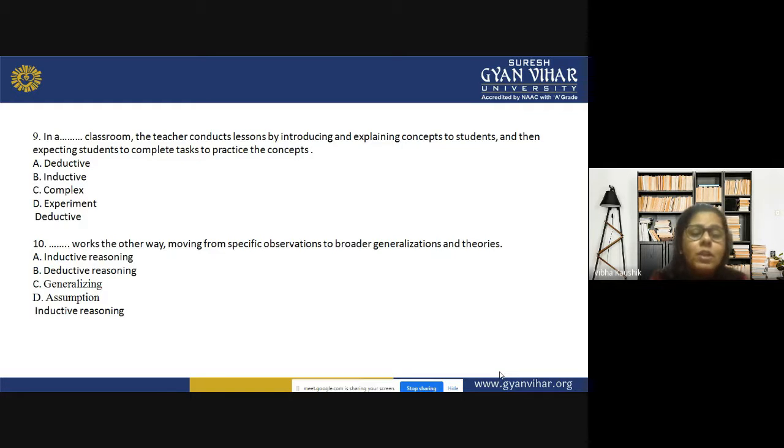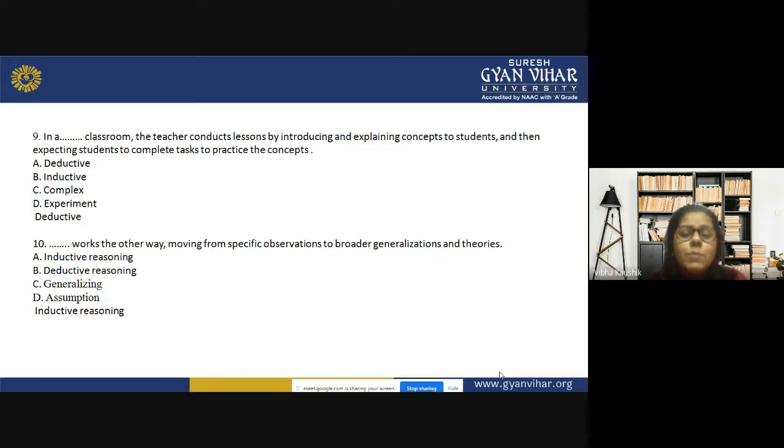So, inductive reasoning works the other way. It is different from deductive reasoning. It works in a different way than has been prescribed for deductive reasoning.